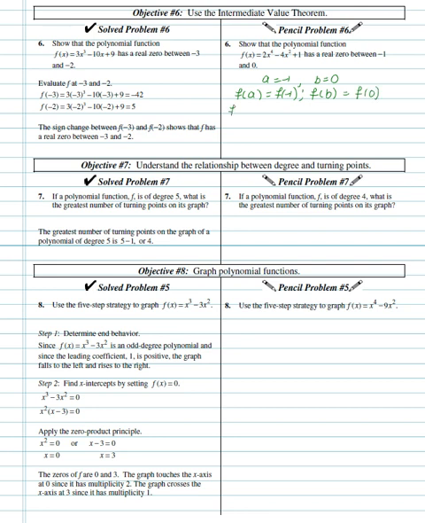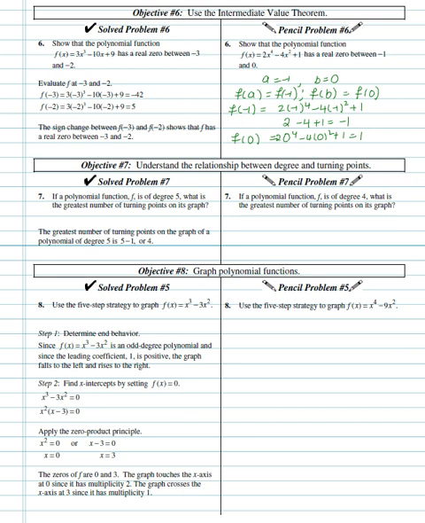So let's go ahead and find what f of negative 1 is. F of negative 1 would be 2 times negative 1 to the power 4 minus 4 times negative 1 squared plus 1. So that is 2 minus 4 plus 1, which is negative 1. And f of 0 is 0 to the power 4 minus 4 times 0 squared plus 1, which is 1.